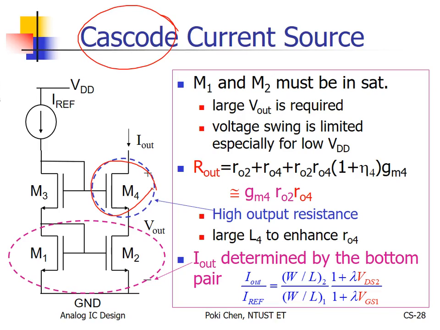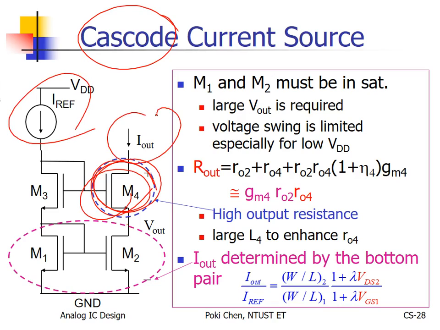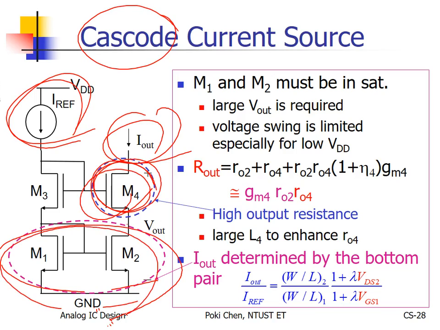I think almost no professor on earth will tell you this is a current buffer. Okay? And again, who controls the current ratio from I ref to I out? Who controls the current? Those two. Okay? Why do I need to preach you again and again? During simulation, if you figure out something wrong with the current ratio, the first thing you can do is to focus on M1 and M2.